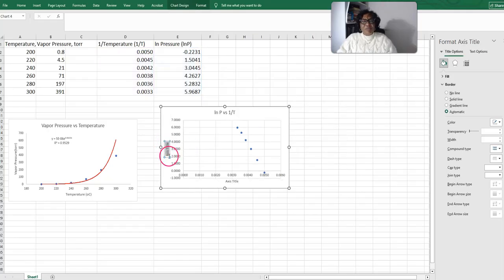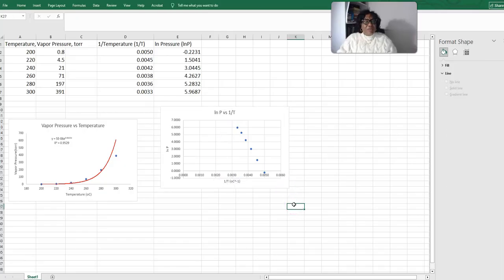So this is ln P. Here is 1 over temperature, 1/T, which is per degrees Celsius. That's the unit.